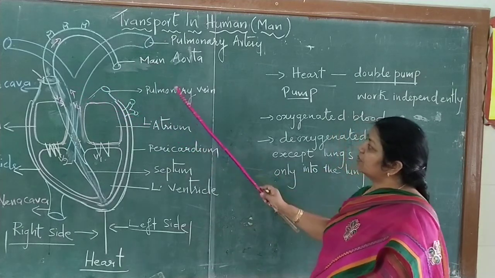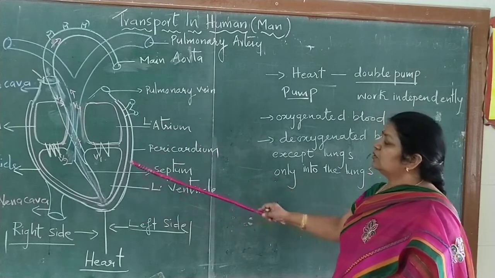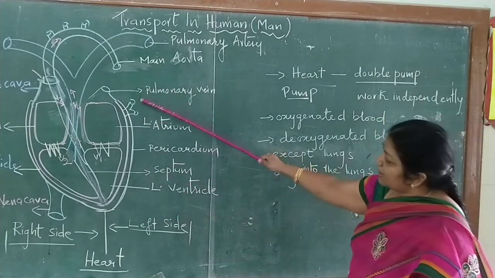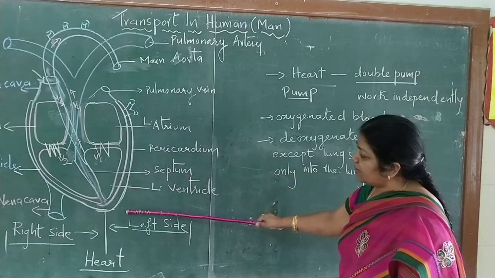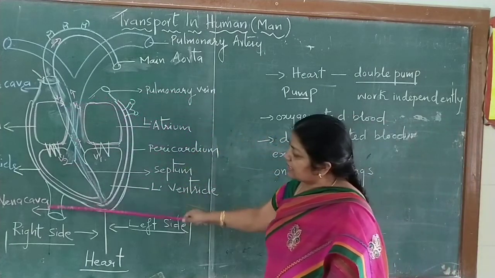From the lungs it enters through the pulmonary vein into this. So it is one single pump here. The first part of the pump is the left side, the second part of the pump is the right side.